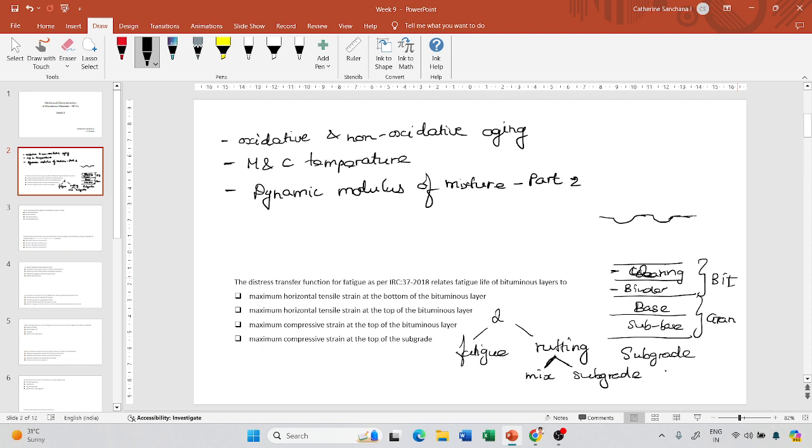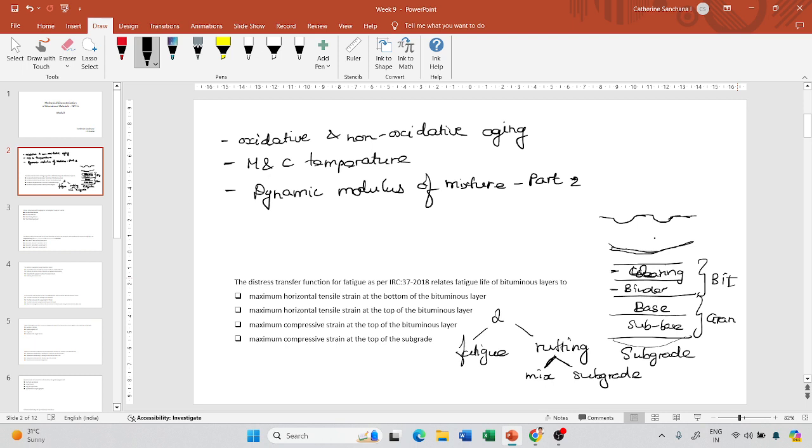If it is not compacted properly, or if its CBR value is less, then your subgrade is going to deform like this, a big bowl shaped deformation. Okay, and because of this, the top layers will also get deformed in the same way. So if you see, the topmost layer will get deformed something like this.